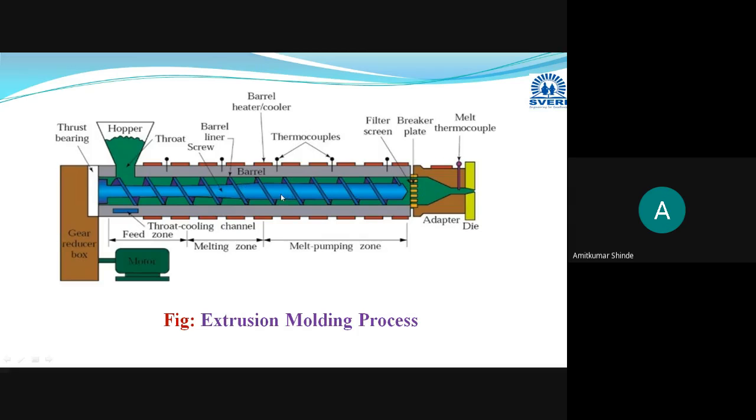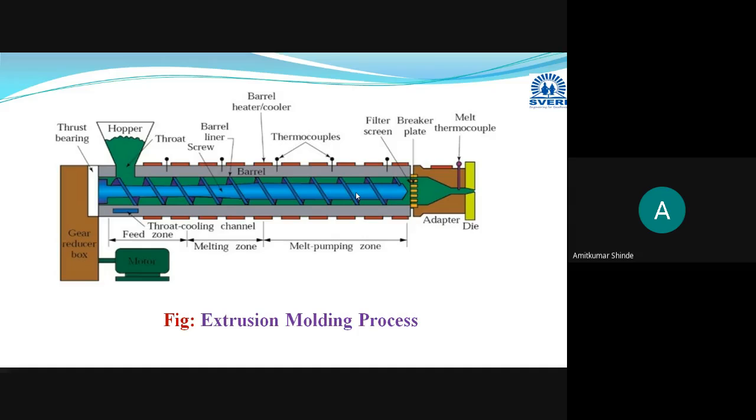Due to the rotational motion, whichever molten plastic material is there will be forced in the forward direction. In this way the cylinder is divided in three parts: feed zone, where feeding occurs; melting zone, where melting of the plastic material occurs; and melt pumping zone, where whichever paste is obtained from that plastic material is pumped in the forward direction due to the rotational motion of the screw.